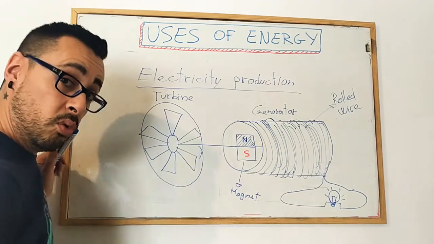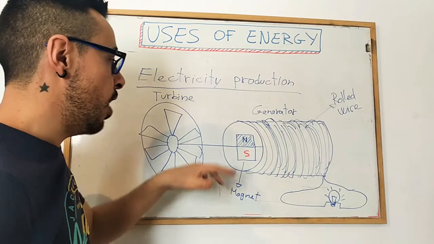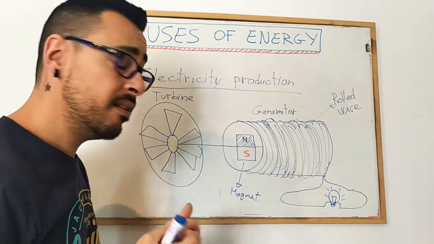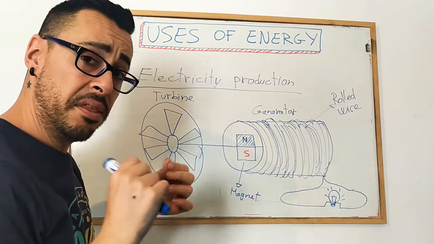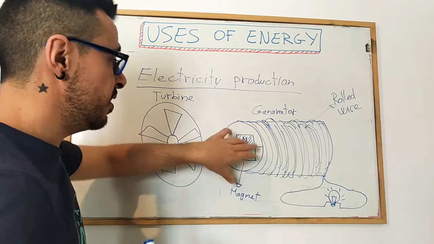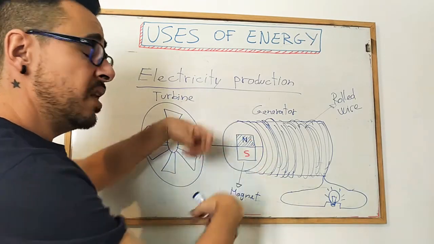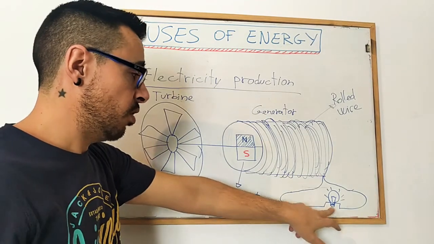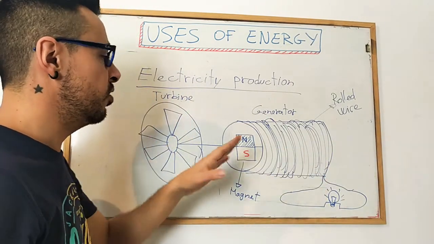You can do this at home if you have a magnet and a wire, a thin copper wire. You can roll it, you can put the magnet spinning, and you can produce energy. You can do this at home, and if you want, we can do it later.